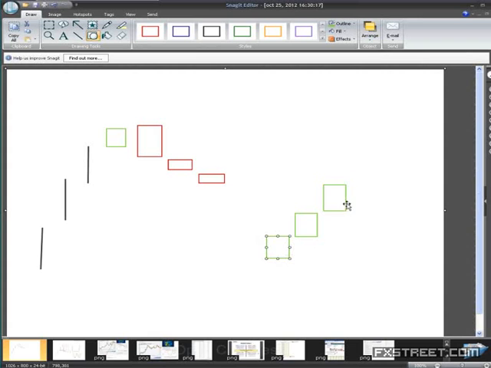Ideally, you have three consecutive candles which open towards the close of the previous candle and close near the highs. You may have shadows within these candles, but you don't want very large shadows.